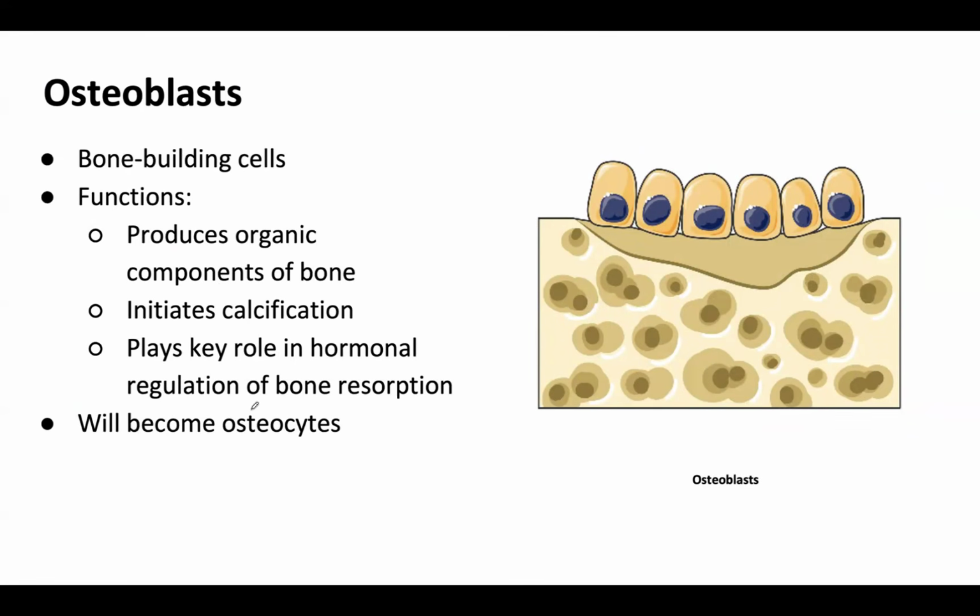So, osteoblasts are bone building. I often remember the function of osteoblasts because there is a B in osteoblasts, and build starts with B. So that helps me with the function. And there are three major functions, as I keep talking about. The main one is that these cells synthesize and secrete the organic components of bone or of that extracellular matrix.